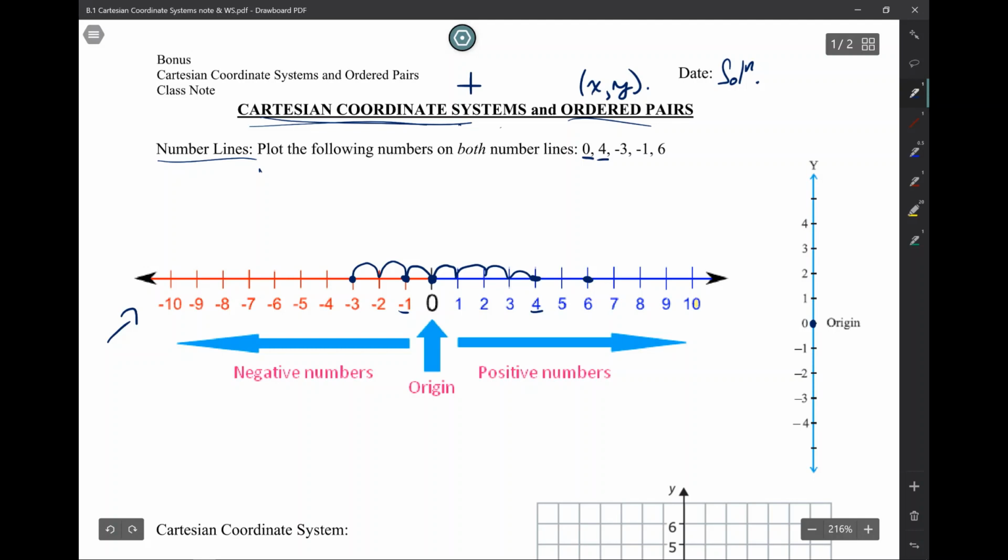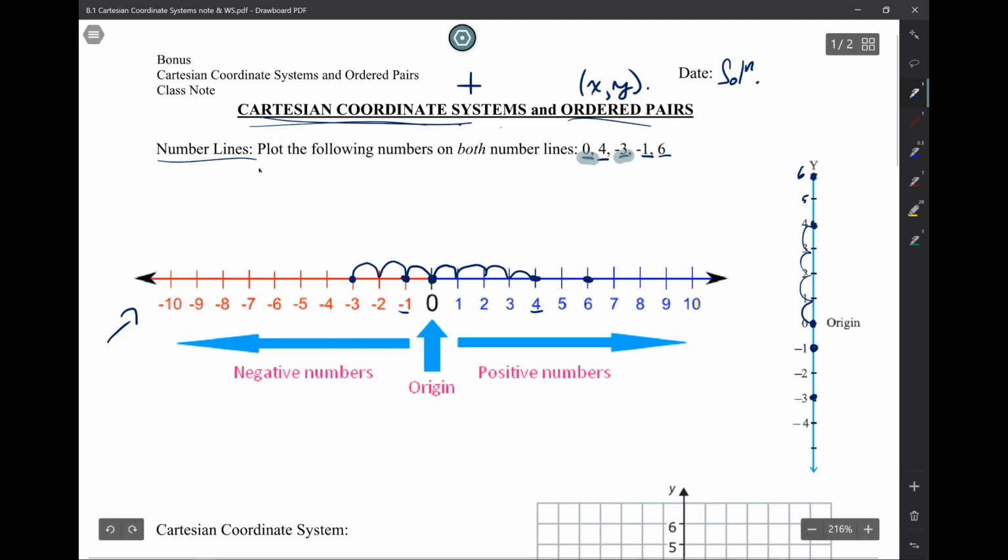I have the number 4, that's 4 above the origin because it's positive, sits right here. Number negative 3, that's 3 below. Number negative 1, that's 1 below the origin. And 6 above. Note here my numbers only go up to 4, but I can continue them on. The number 5 would be here, the number 6 would be here. So I could plot the number 6 right up there.